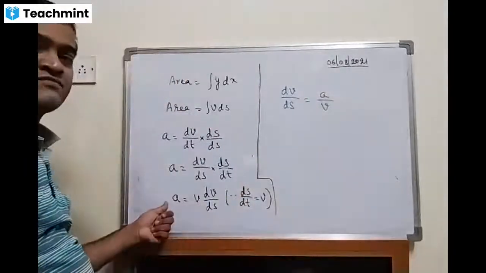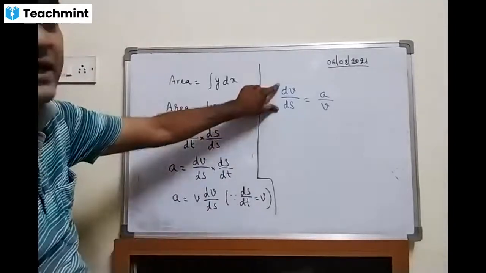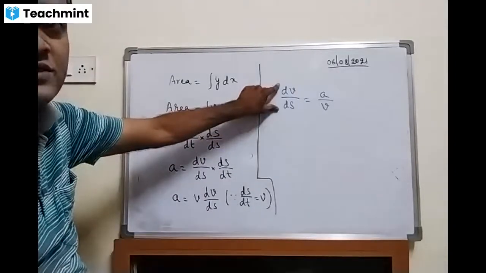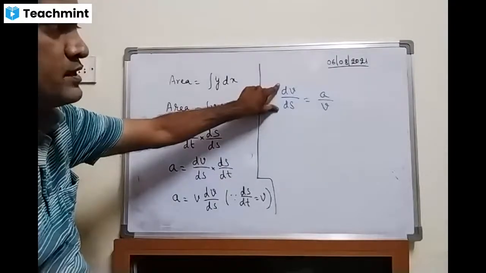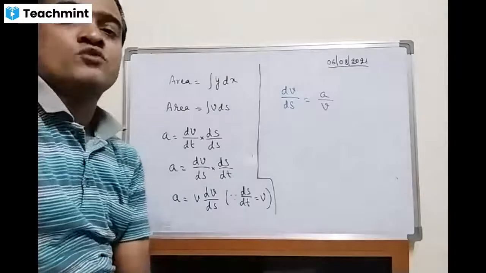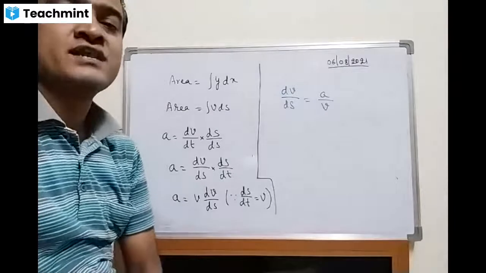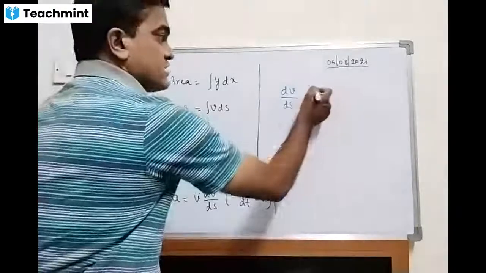Bring this v to the left side, you will get a by v. A by v is equal to dv by ds. But dv by ds gives what? Slope, right?